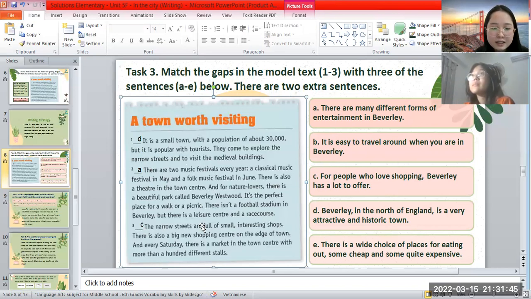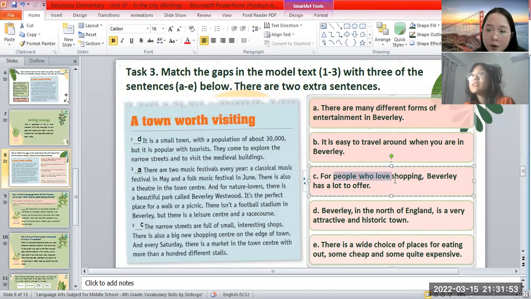And the last paragraph: the narrow streets are full of small and interesting shops, and you choose C. For people who love shopping, Beverly has a lot to offer. When we hear the first sentence, we can see that they mentioned the interesting shops.